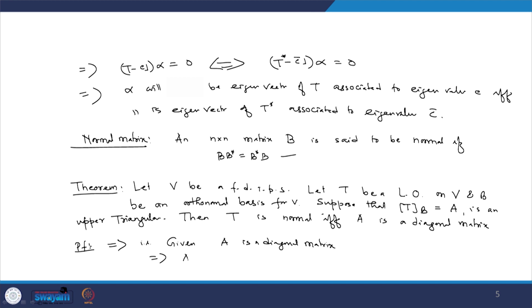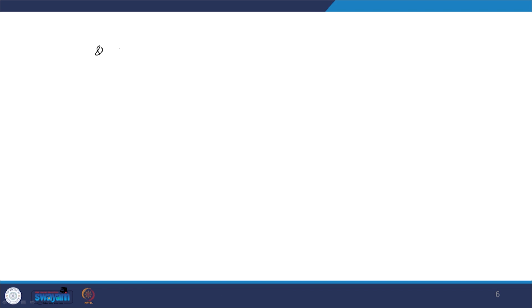This implies A star is also a diagonal matrix, and A into A star equal to A star into A. So, this implies T into T star equal to T star into T. So, this implies T is a normal operator.